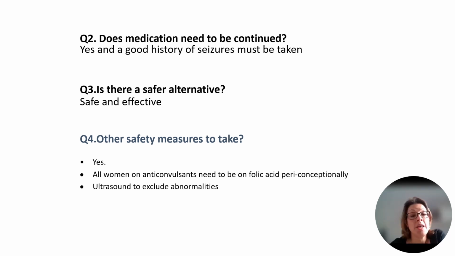The other thing is to ensure that they're on board with taking their folic acid, although lamotrigine and levetiracetam are not associated with reduction in folic acid production. They are not folic acid inhibitors or antagonists.